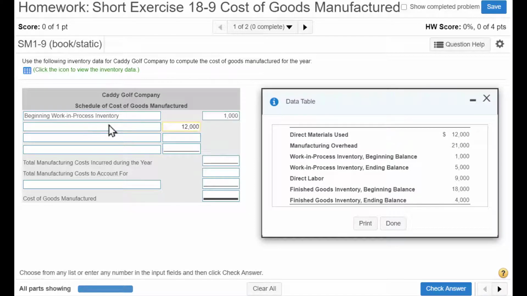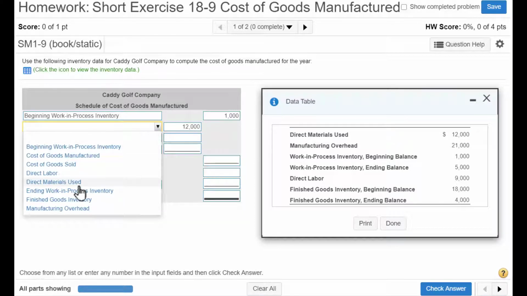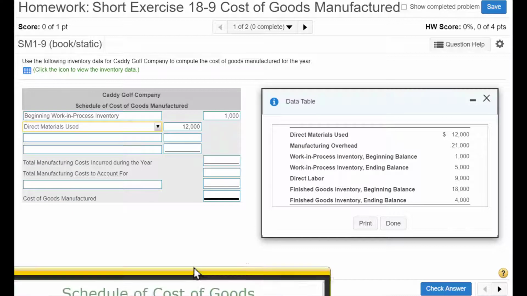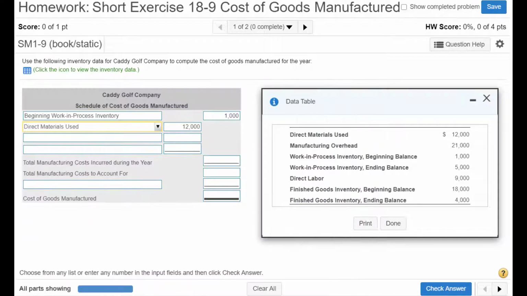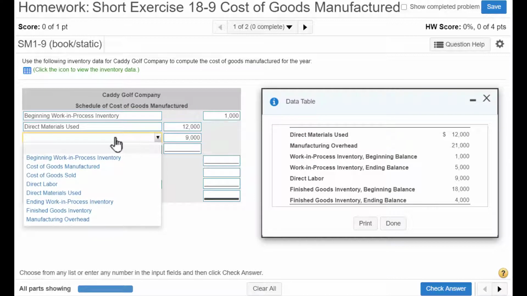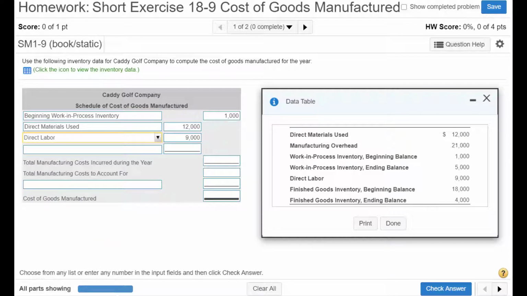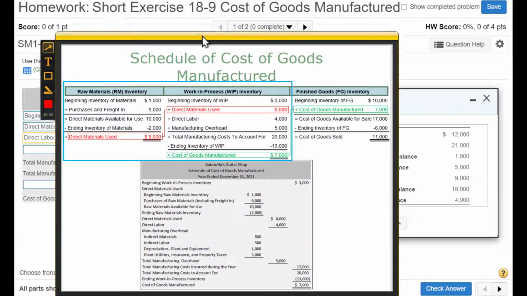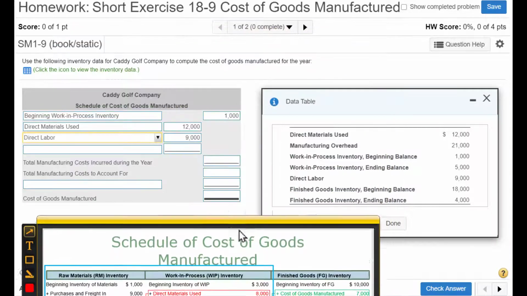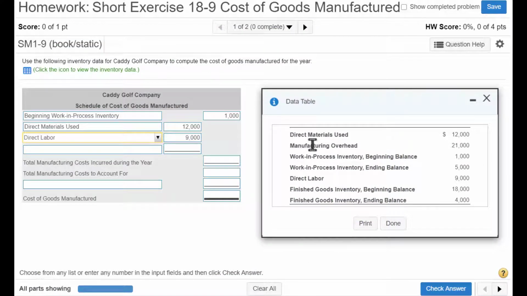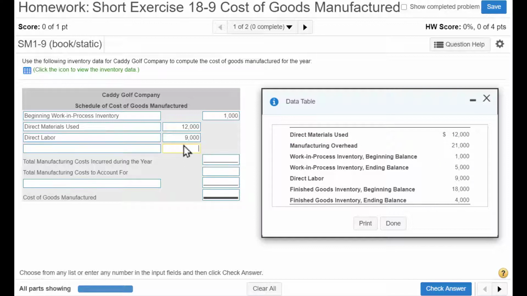Copy and paste. Next, we have direct labor. Direct labor is 9,000. And next we have manufacturing overhead, which is right here, but this is where the detail is broken out. We don't have all those details in this one. We just have manufacturing overhead right here, 21,000. Copy and paste.